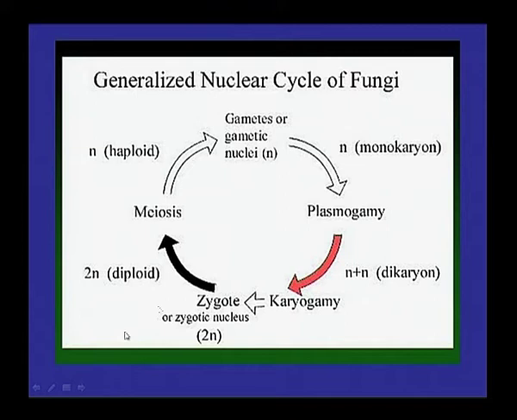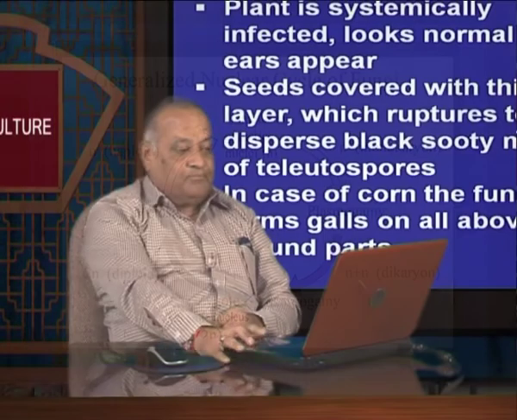Then there is plasmogamy. Then 2n dikaryon, then karyogamy occurs, and a 2n zygote that is diploid in nature is formed, and after meiosis or reduction division, haploid spores or gametes are formed. So, this type of general life cycle is there in the higher basidiomycetes or smuts and rusts.